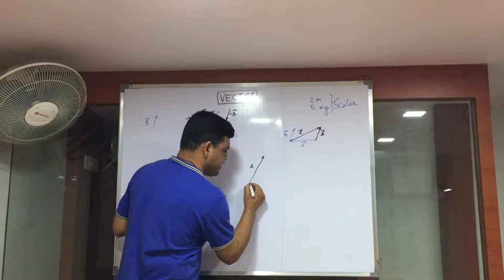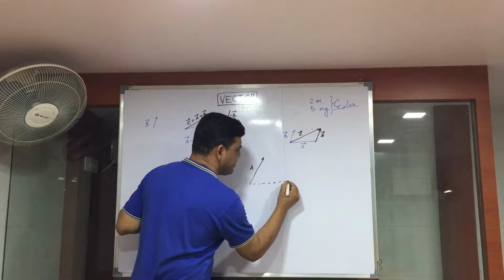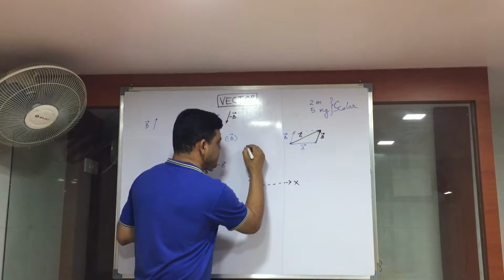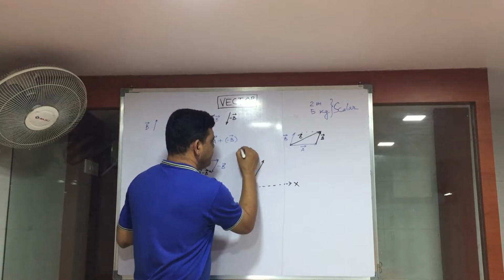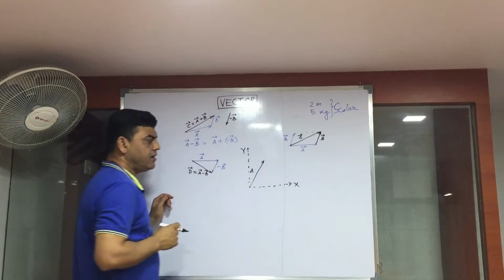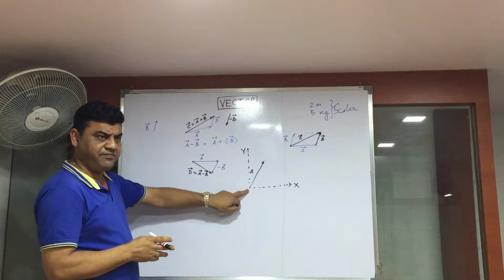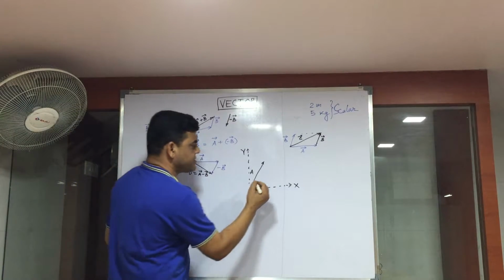As I said, it is Cartesian coordinates, so we can say this is our x-axis and this is our y-axis.